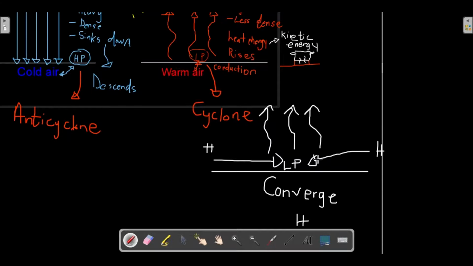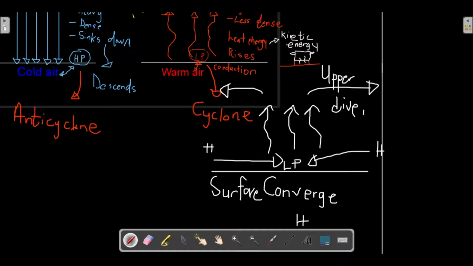And so when this air rises up, it will condense, form clouds, and it will diverge at the top. This is what we call upper divergence. So it diverges at the top, it converges at the surface. This is what we call surface convergence. You need to know these terms, guys.